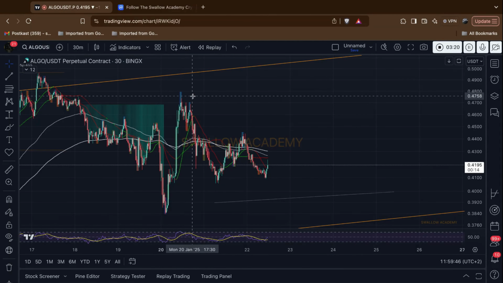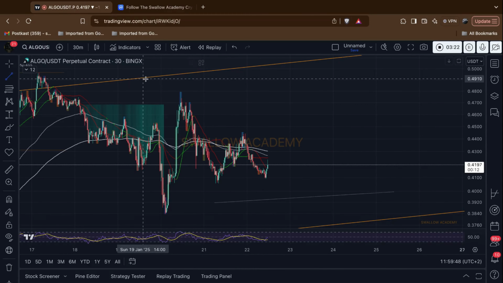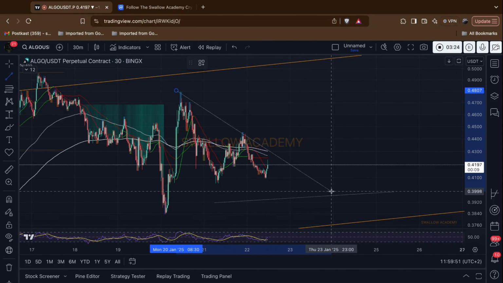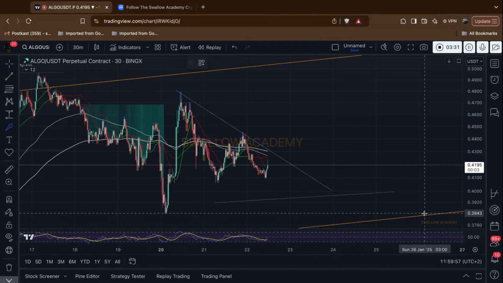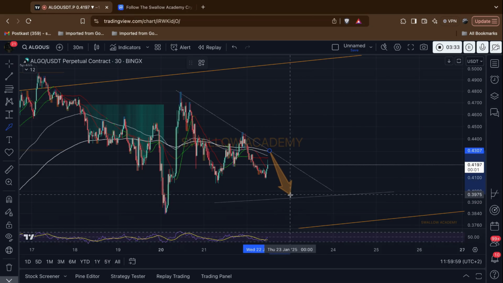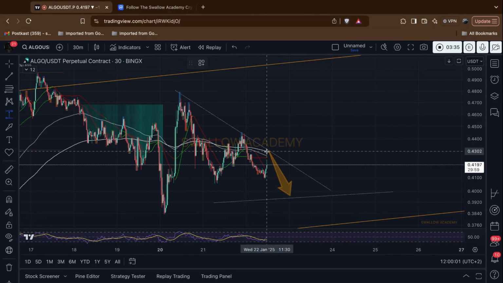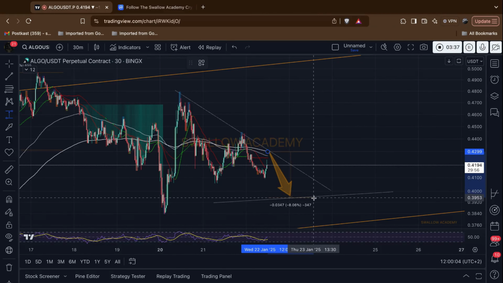So higher high, lower high. Most likely we're going to form another lower high here near the EMAs, and then a steep projection towards the 4-hour 200 EMA. So this movement should be also 5%, even a little bit more, 7%. And from here it would be 5%.